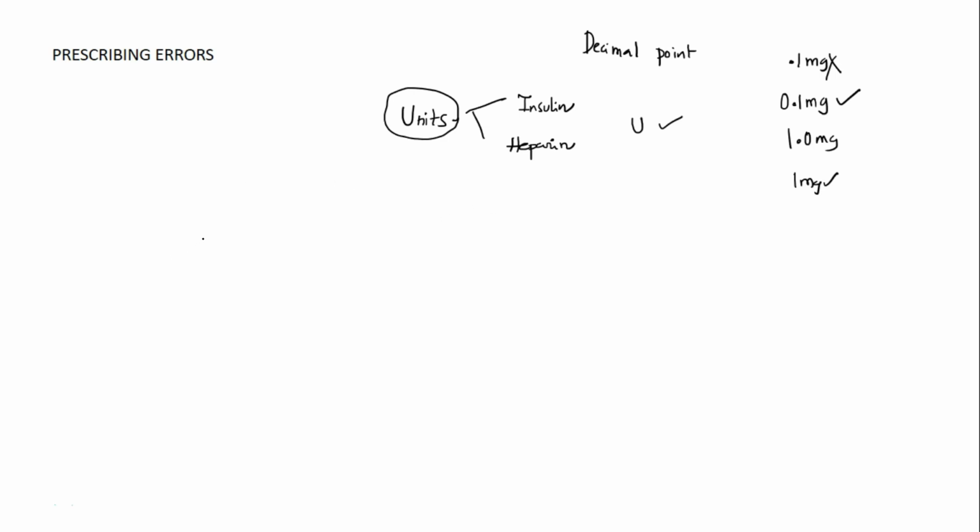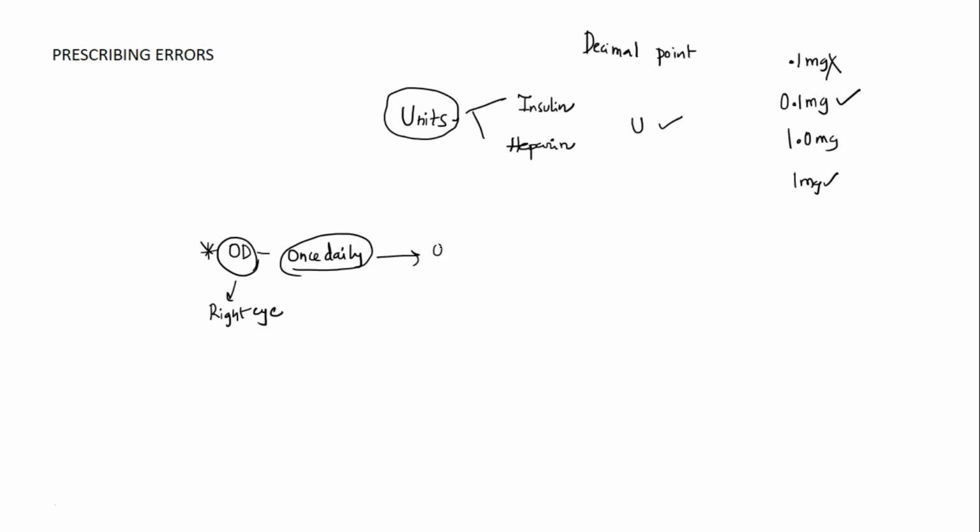And one more important thing is, do not mention OD. OD is not once daily. OD means right eye in the literature. Please be careful. Once daily, you have to write as once daily.